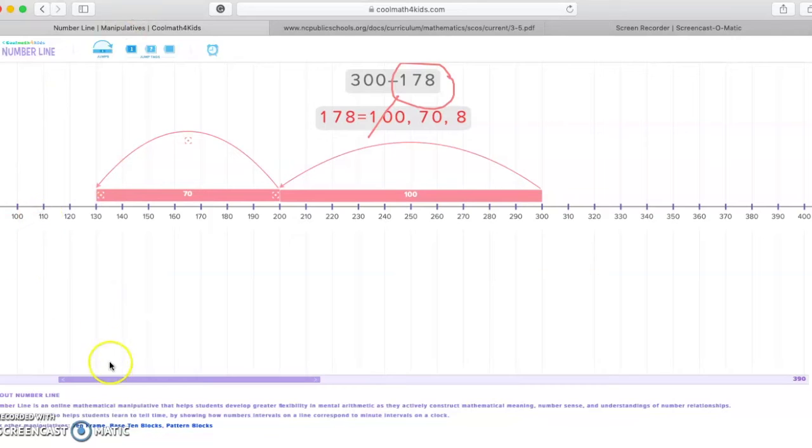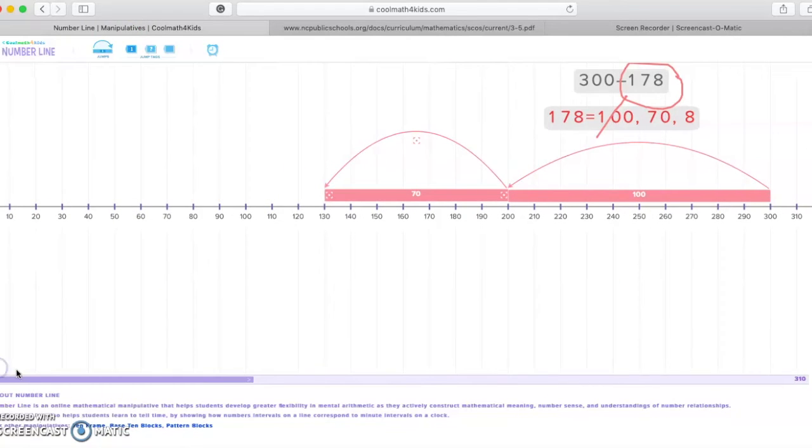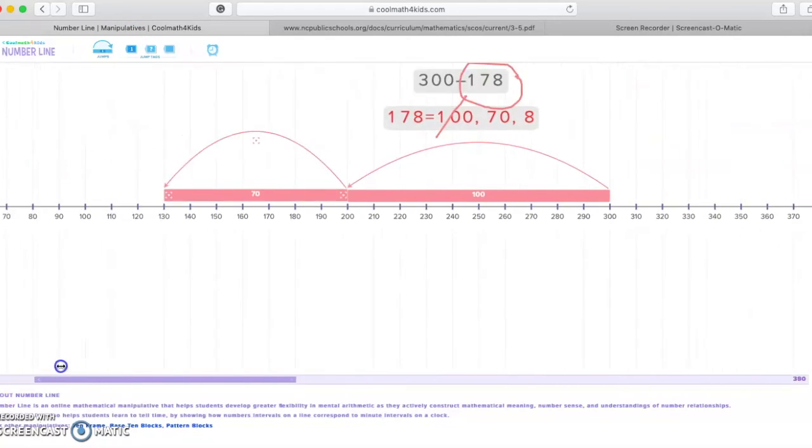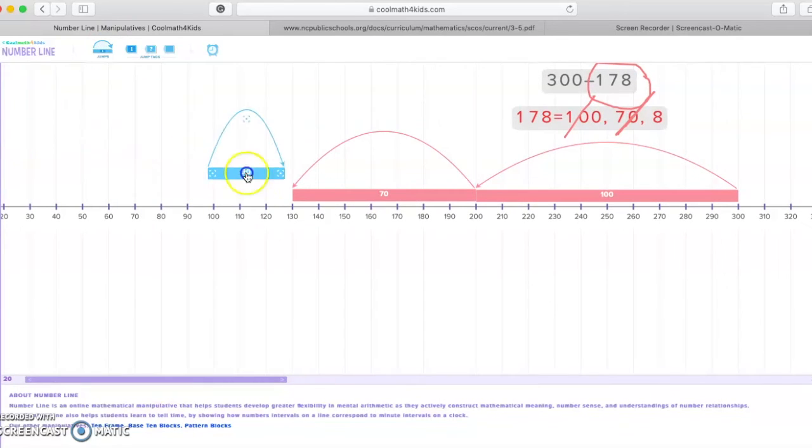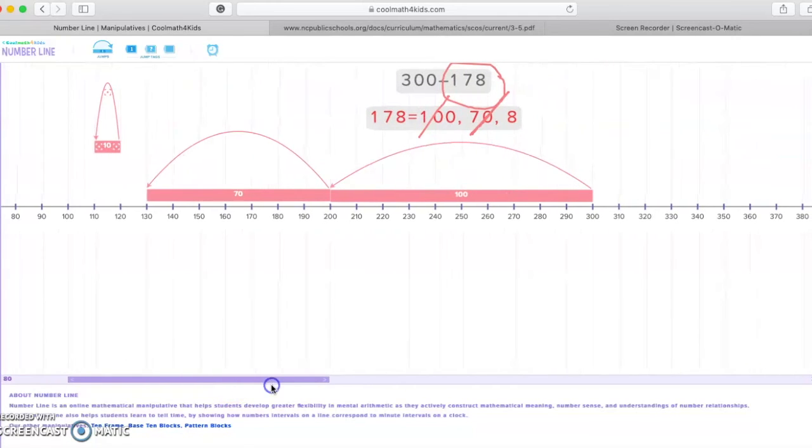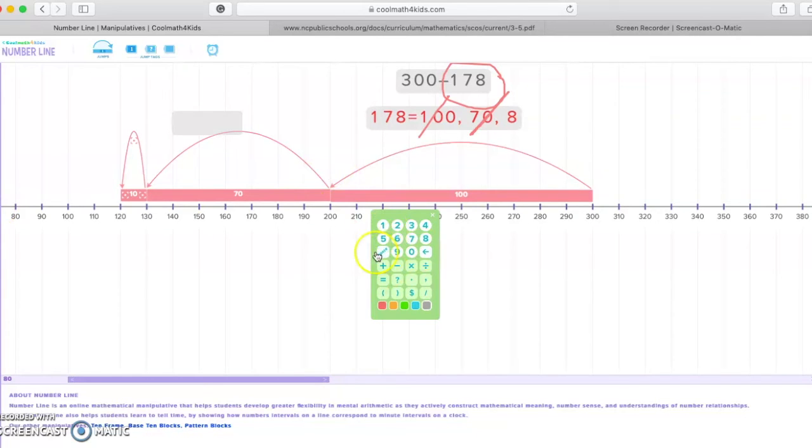So now that I've done 130, I have an 8 that I can show. So I know that 10 is a little bit more than 8. So I'm going to do a jump of 10. And now that I've done that jump, I need to figure out how much more is 10 than 8.